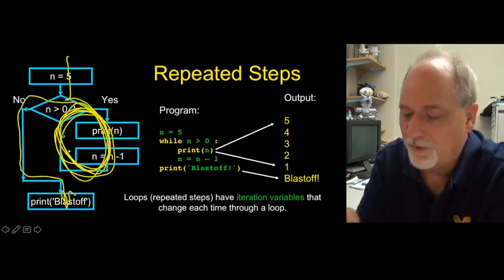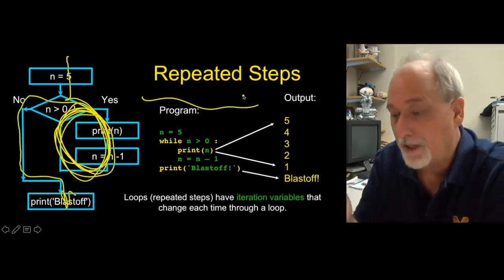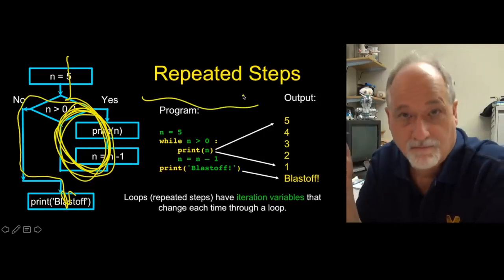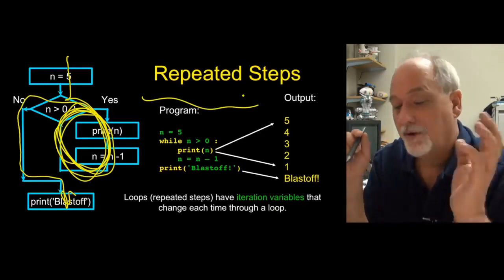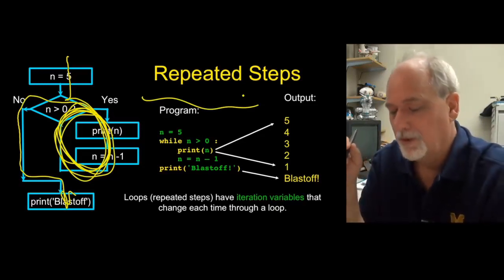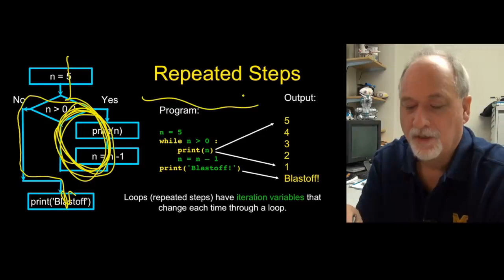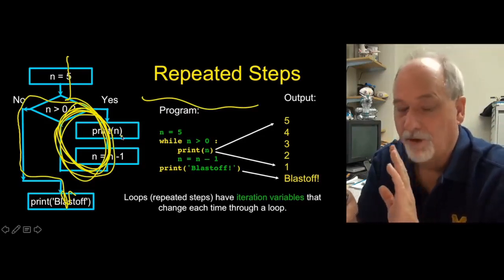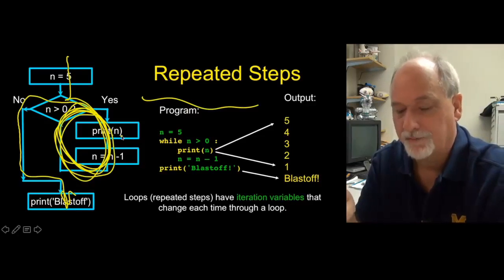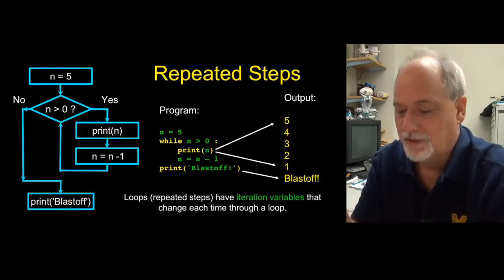So this is repeated over and over again, and this is the essence of how we make computers do things that are more naturally difficult for people. How do we encode the notion that we want to do something not forever, but for a while? We do it in this way.